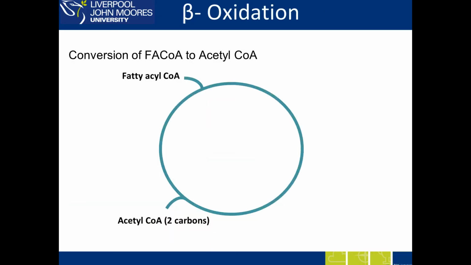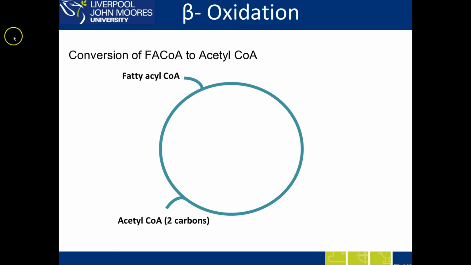So the next part of the lipid oxidation pathway is beta oxidation, and this involves the conversion of fatty acyl-CoA to acetyl-CoA, as acetyl-CoA is the beginning of the Krebs cycle, whereas fatty acyl-CoA would not be able to undergo the Krebs cycle.